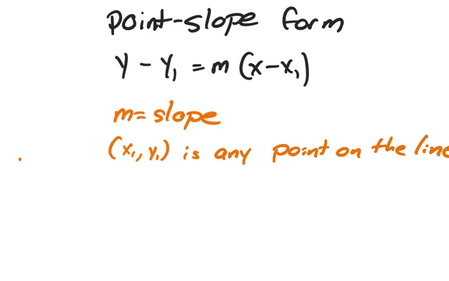One thing to take note of, this formula has two negatives in it, which means if my point was at -3, -4, when I plug -4 in for y1, it's going to be minus -4, which turns that into a positive 4. So just keep that in mind that the formula has two built-in negatives to it. Any questions so far about point-slope form?